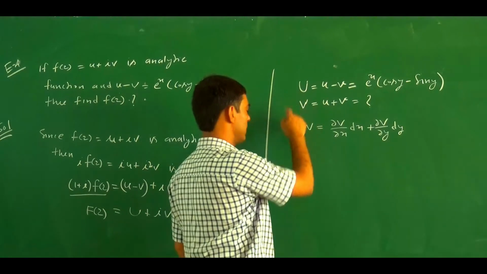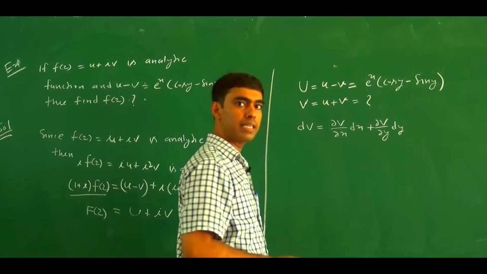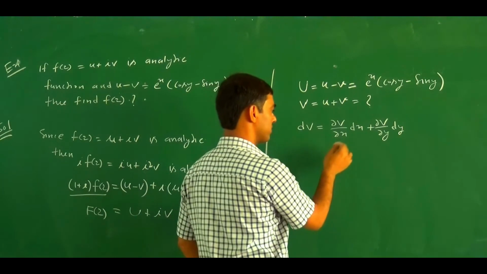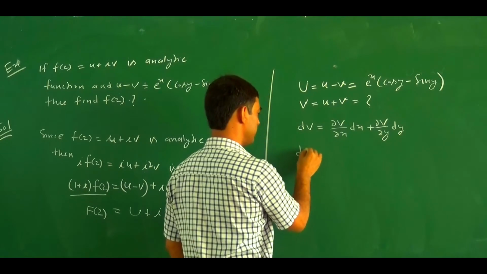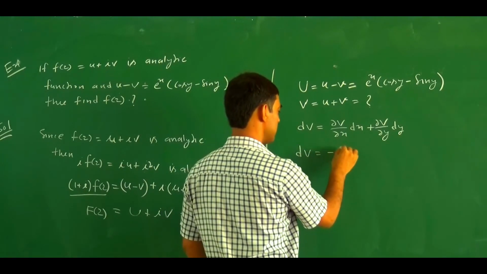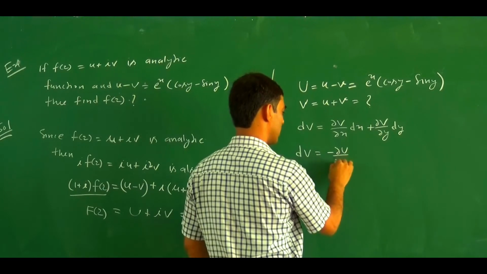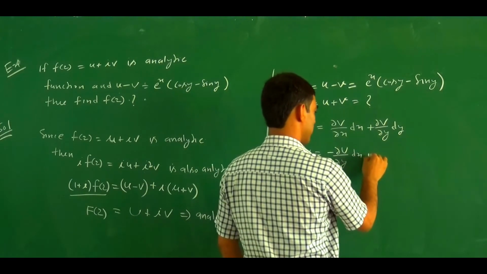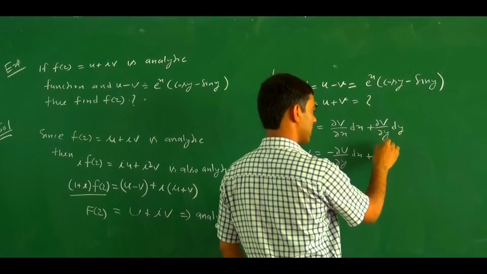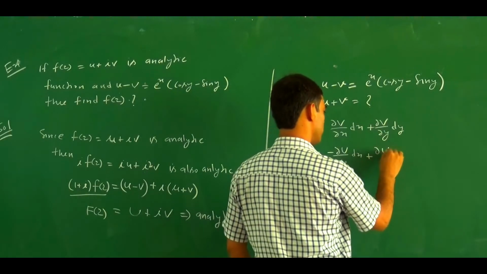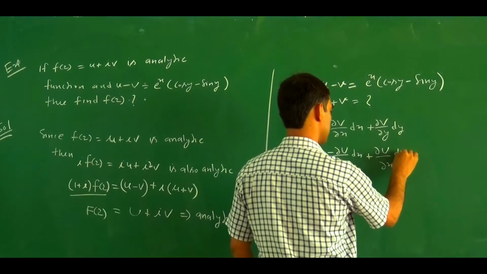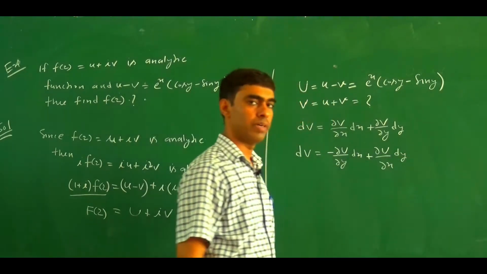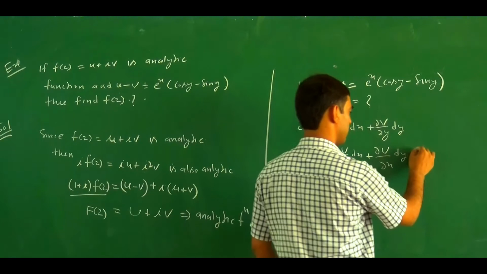Now, since F(z) = U + iV is an analytic function, this one satisfies the CR condition. Then dV = −∂U/∂y dx + ∂U/∂x dy, by the CR condition.